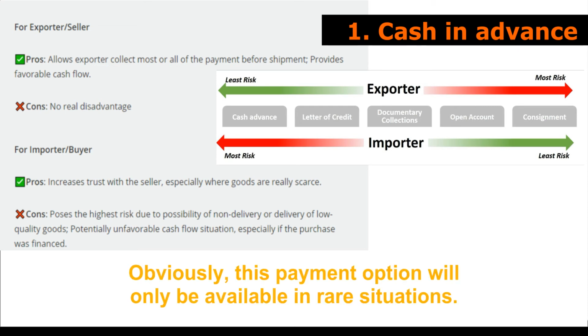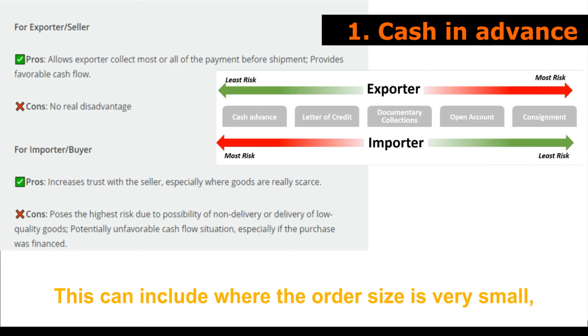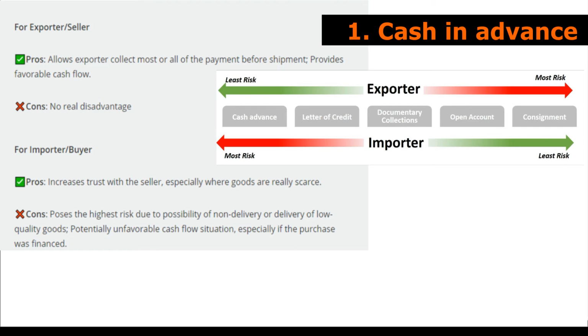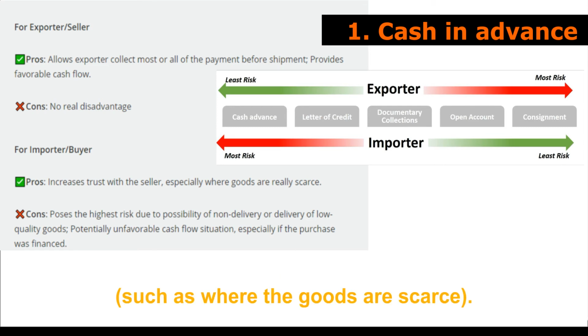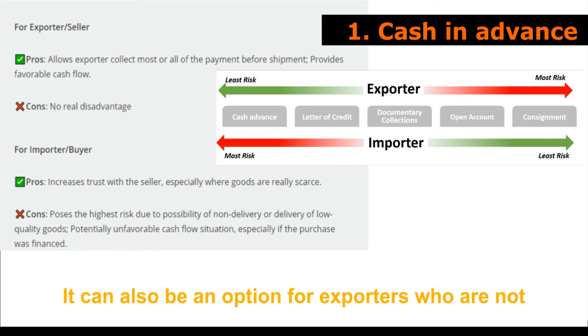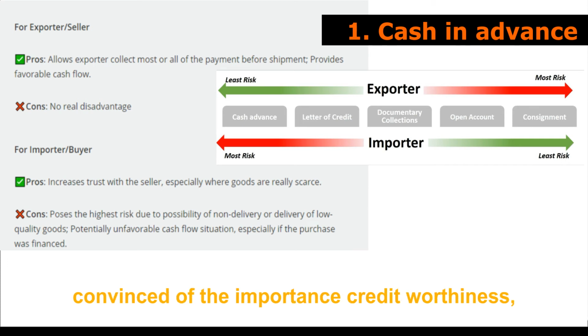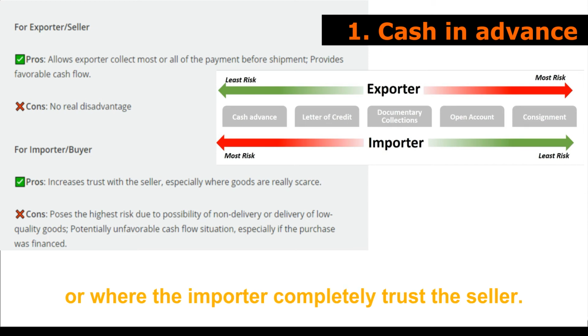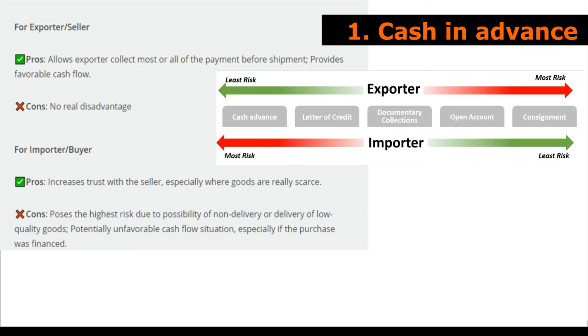Obviously, this payment option will only be available in rare situations. This can include where the order size is very small or situations where the exporter is in a very strong negotiating position, such as where the goods are scarce. It can also be an option for exporters who are not convinced of the importer's creditworthiness, or where the importer completely trusts the seller.